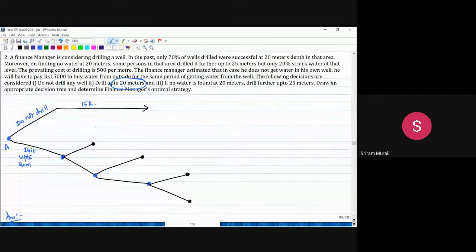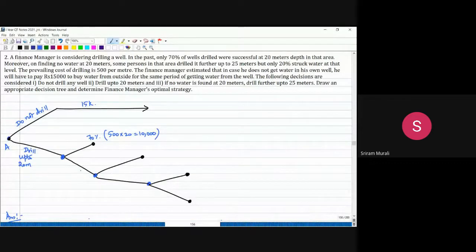With 70% probability I get water. So per meter it is 500. For 20 meters, it is 20 into 500, that is equal to 10,000 rupees I will spend at this stage. This is my assumption. Suppose I drill, if I get water, okay.